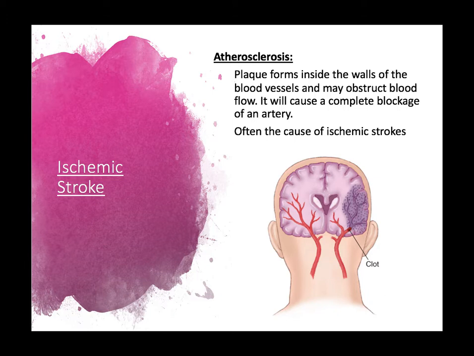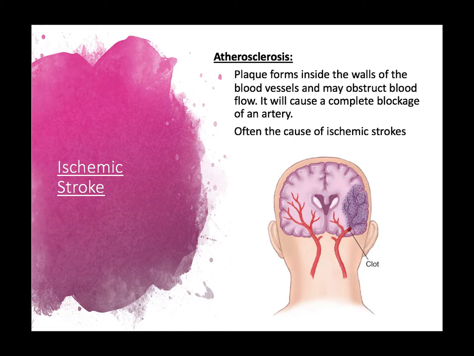Eventually, if it goes untreated without medication, it's going to cause complete occlusion of an artery. So even if the blockage in that carotid artery is not complete, smaller pieces of the clot may embolize deeper into the brain and become lodged in smaller branches of those blood vessels, blocking the blood flow.